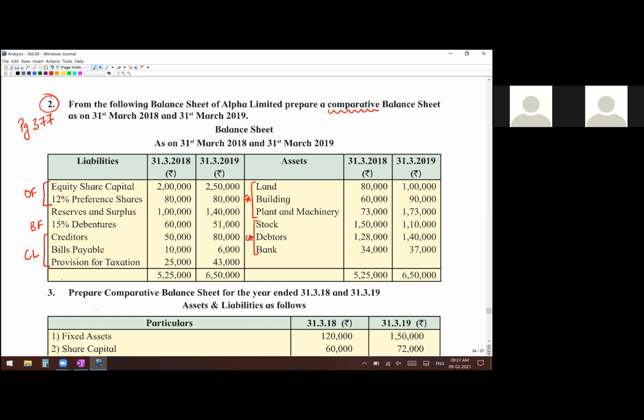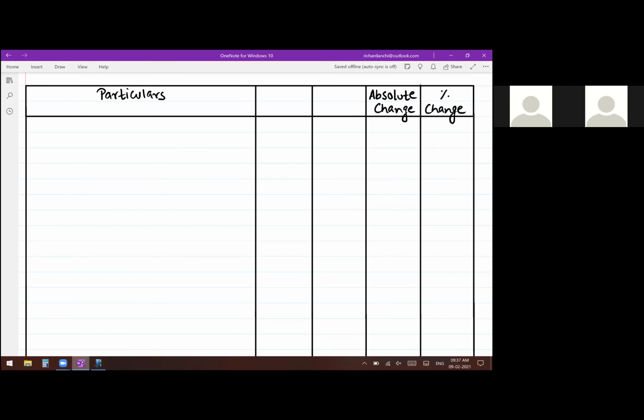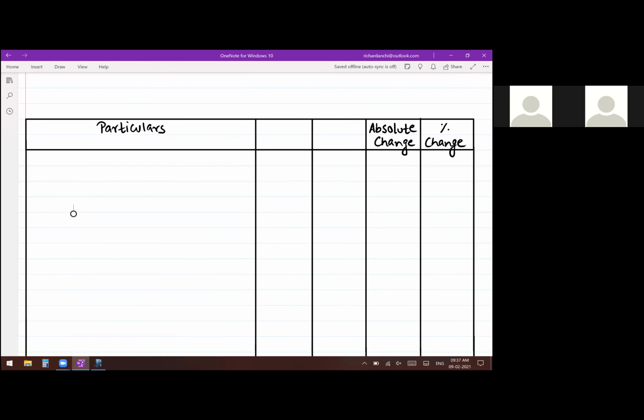Just like the previous class, draw the format first, and then we all begin together. The format is on the screen, prepare it in a similar way. The first year, 31st March 2018, and the next 31st March 2019, then you require absolute change and then percentage change.